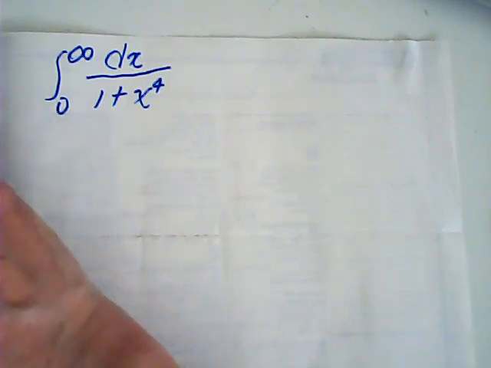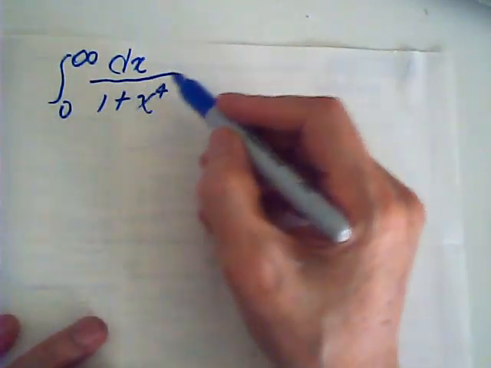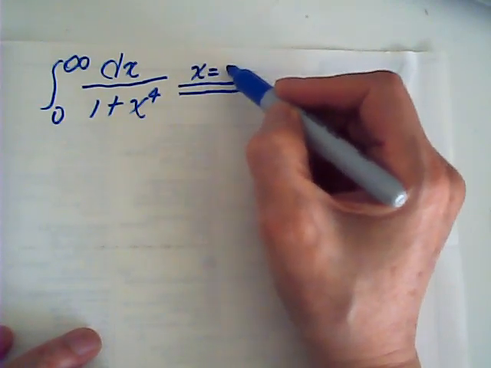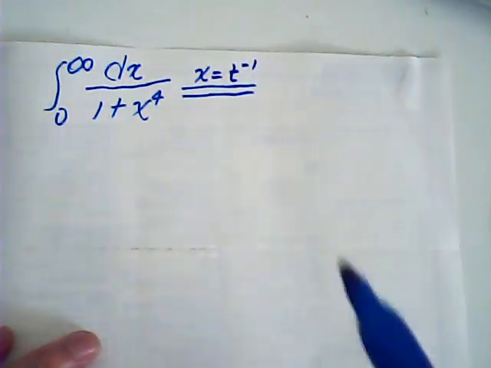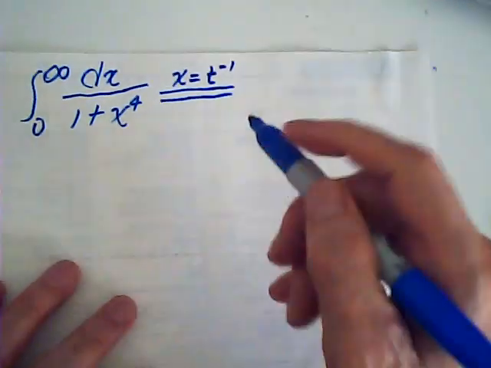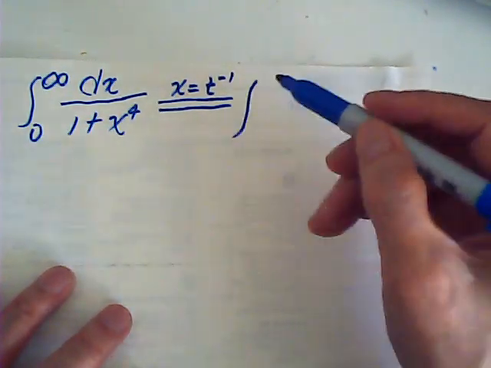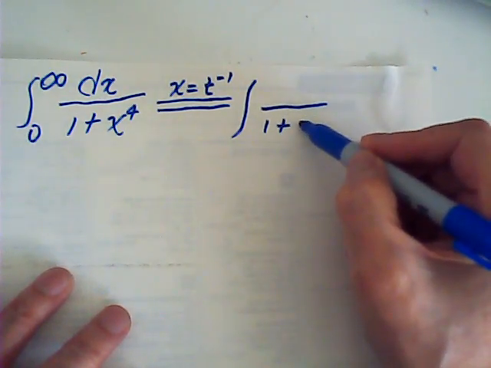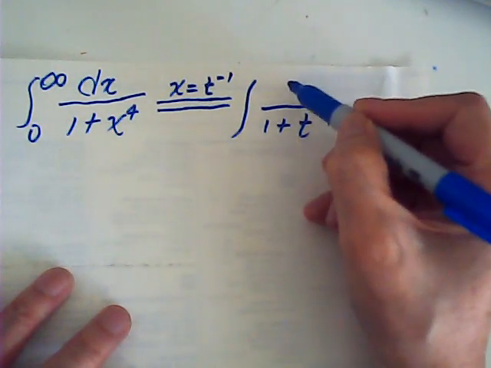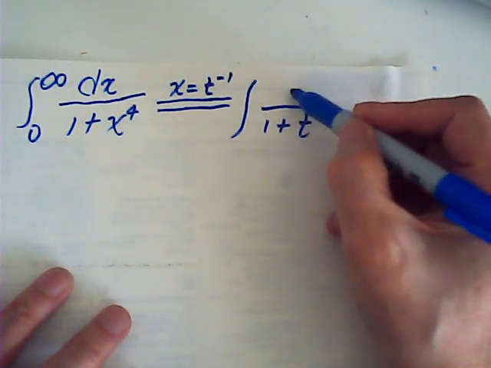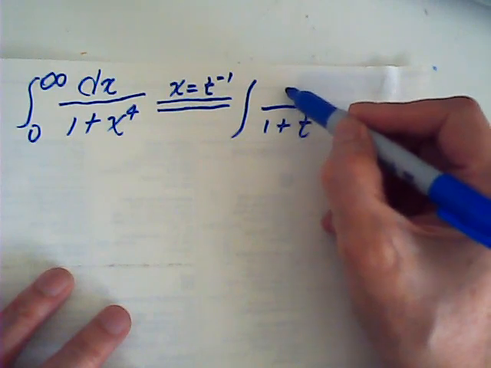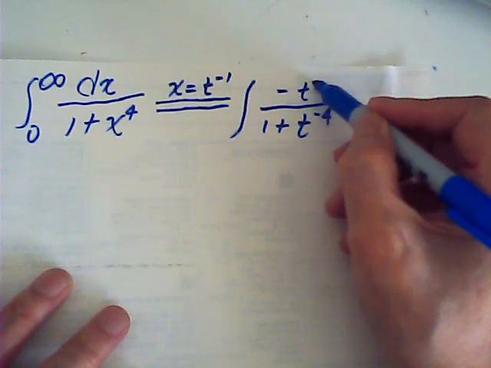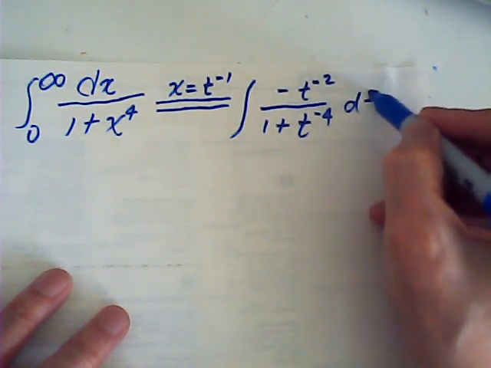Okay, I let x be equal to the reciprocal of t. Then this one is equal to 1 plus t squared, minus 4, right? And it's negative 1 over t squared dt.